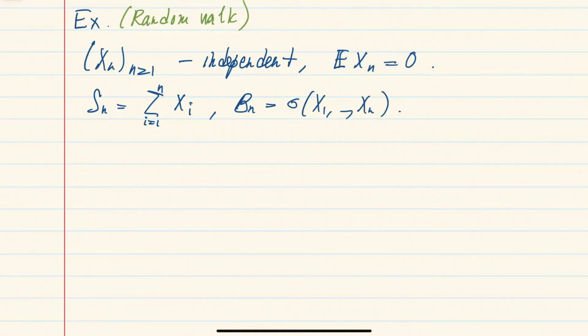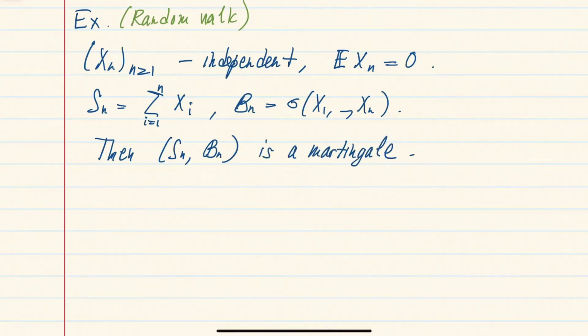Then this pair Sn, Bn is a martingale. The first two properties are just by definition and by assumption. So the sum is obviously measurable with respect to the sigma algebra generated by X1, ..., Xn. And we also assume integrability.